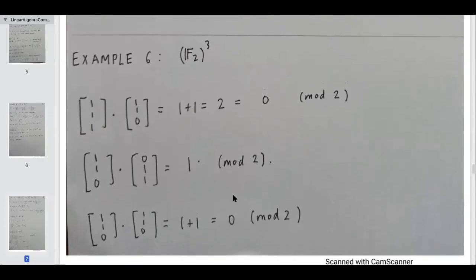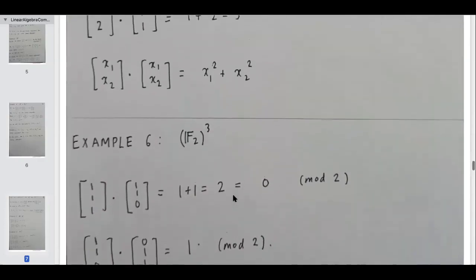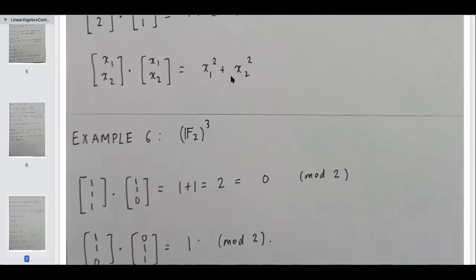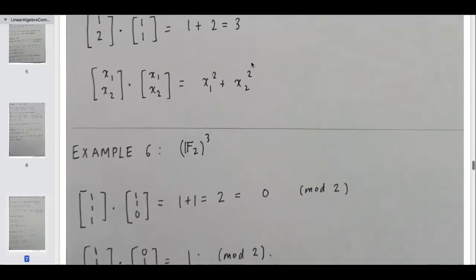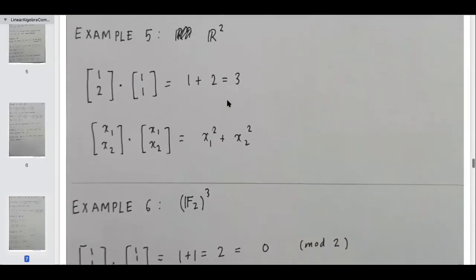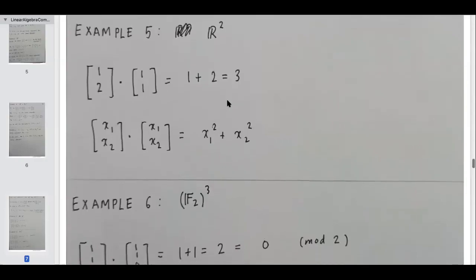So just a small remark is that in this case, we got the dot product of a vector with itself being x1 squared plus x2 squared. And this is equal to 0 if and only if both components are 0. So in R2, if you have a vector whose dot product with itself is 0, it must be the 0 vector.